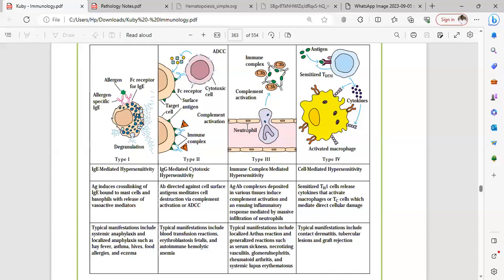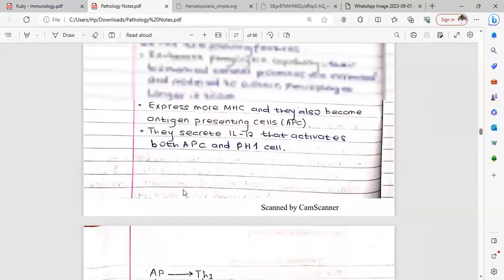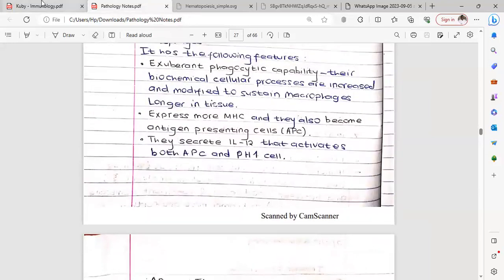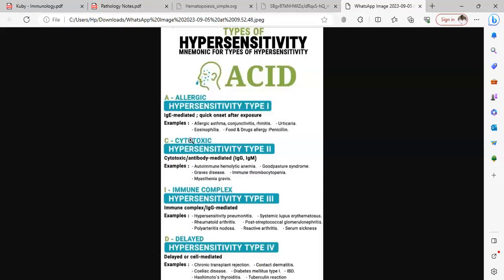Type 4. Type 4 is most commonly seen in TB, I think. So type 4 is cell mediated. So as a recap, type 1 we said is A for allergic, type 2 C for cytotoxic, type 3 I for immune complex, which we said forms complexes that get deposited in areas such as between the endothelium and basement membrane, and then now type 4 which is delayed.